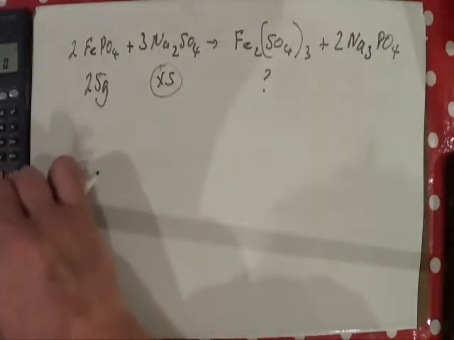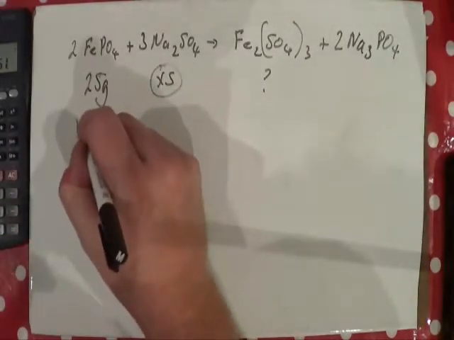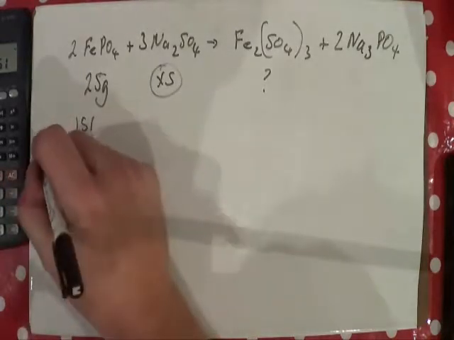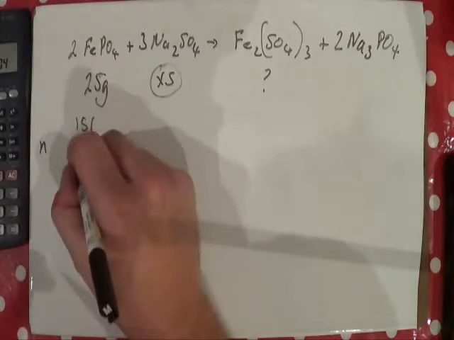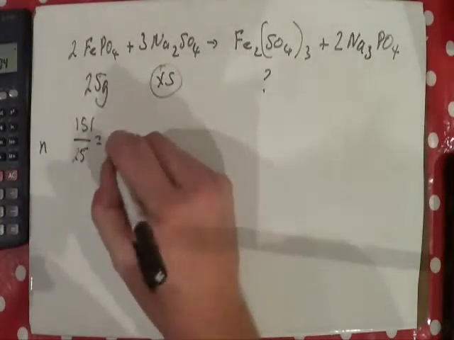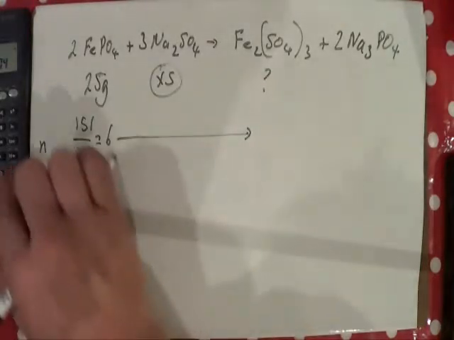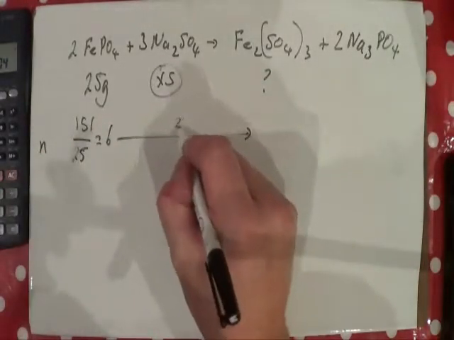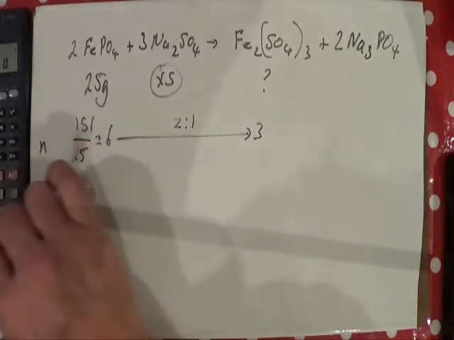The RFM of this is 151. So the number of moles is 151 divided by 25, which is 6. So if we go across to my iron sulfate, the ratio, if we look at it, is 2 to 1. So I would expect to make 3 moles of that.